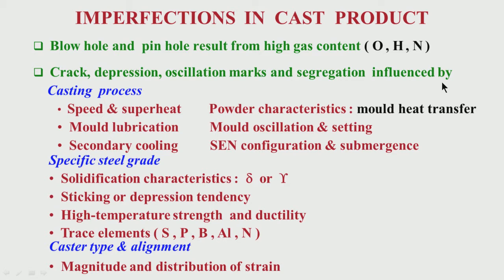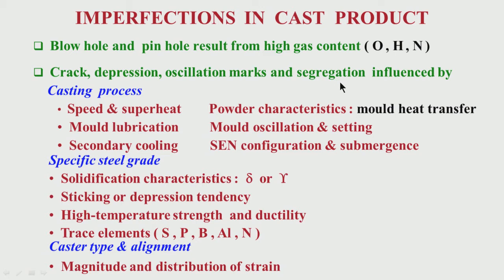Try to understand what is happening if there is segregation. There will be segregation during solidification. So, the liquid which is remaining is getting more and more rich. The portion of the liquid which will finally solidify in the later portion of solidification has a high amount of segregated liquid, that means it is rich in the alloying elements.